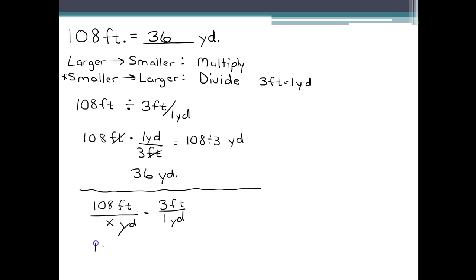You could say, well, 108 feet times 1 yard equals 3 feet times X yards. And you could solve for your X, because ultimately you're going to have 108 feet times 1 yard divided by 3 feet equals X yards. So you'll again see the feet cancel out for you. And you'll have 108 divided by 3 again, and you'll get 36.